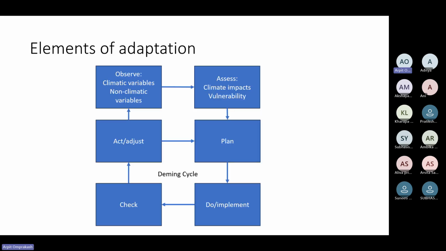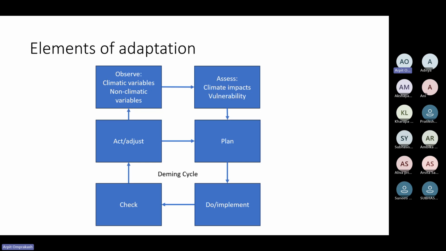So here are the different elements of adaptation. We talked about this before when we talked about the Deming cycle or the PDCA cycle, where we plan, do, check, and act. The first step is assessing what the climate impacts are and what the vulnerability of different things is. Then we make a plan, then we implement our plan and we check.